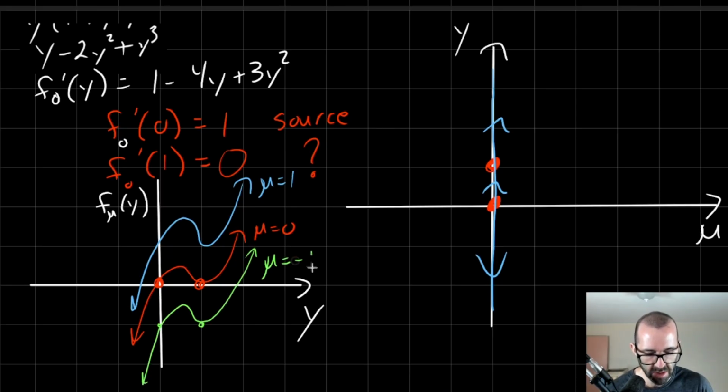Maybe this is mu equals negative 1. And we can actually see bifurcations happening with this graph. We can't see exactly where there's a bifurcation, but we can see that there is one, because when mu is equal to negative 1, there's only one equilibrium, and the slope goes from negative to positive.